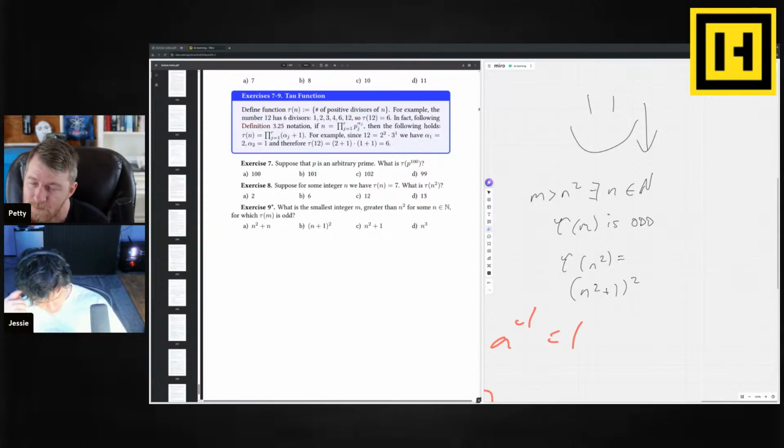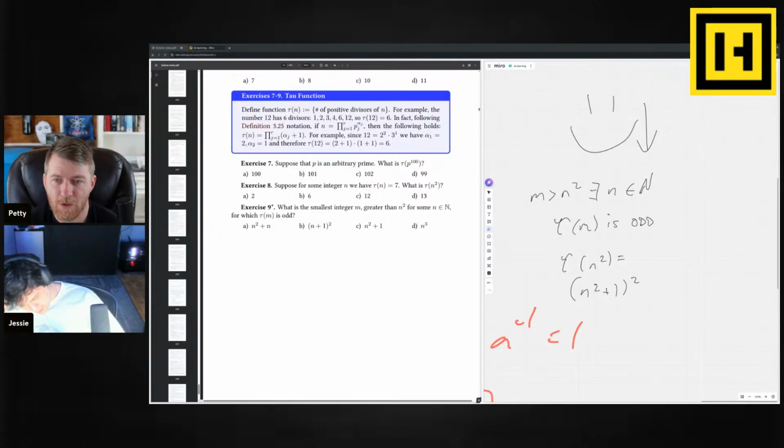There's no way I can just put n squared plus 1. Why would you want to do n squared plus 1?